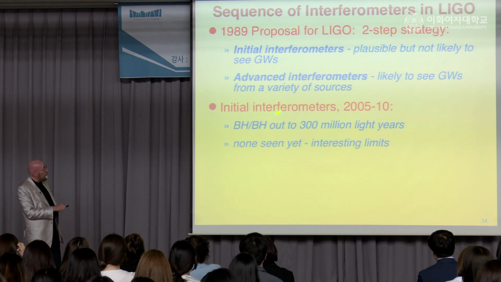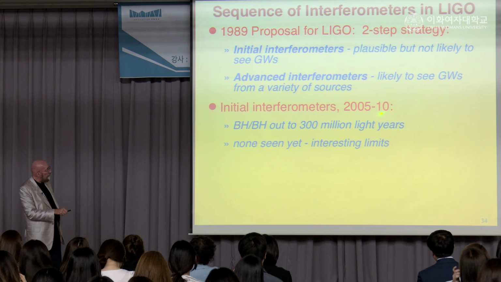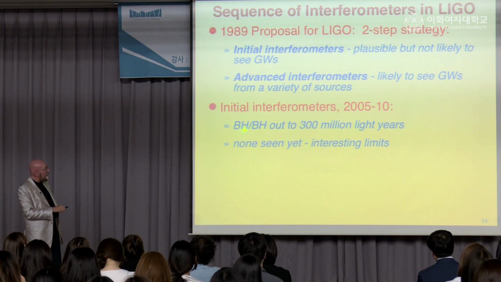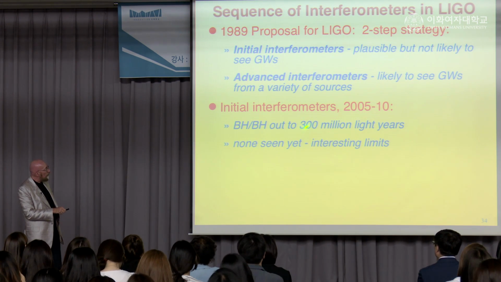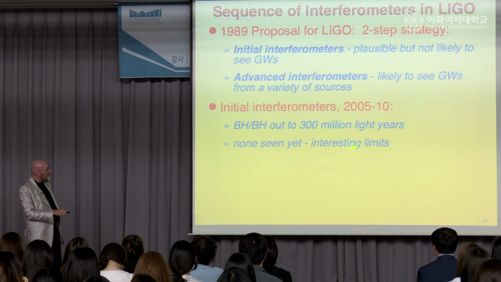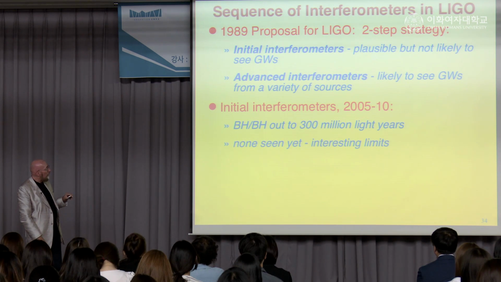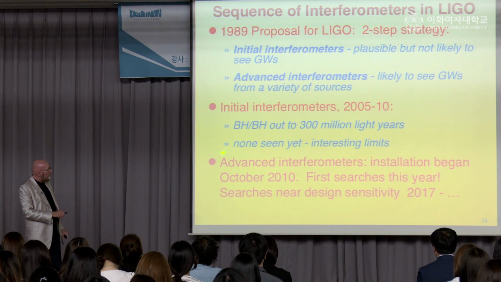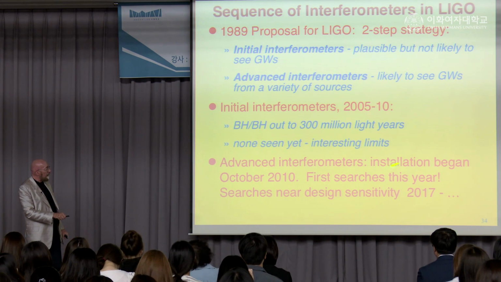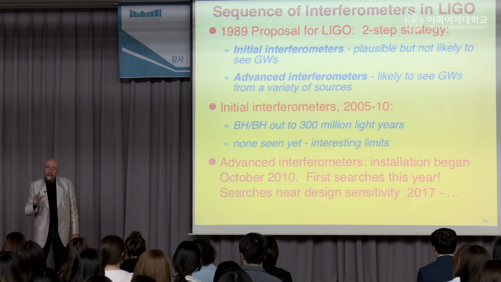The initial interferometers were constructed and then operated for about 5 years, from 2005 to 2010. They could see colliding black holes out to about 300 million light years, but none have been seen yet, and interesting limits were placed on gravitational waves from colliding black holes. The advanced interferometers installation began in October 2010. These are very complicated instruments.